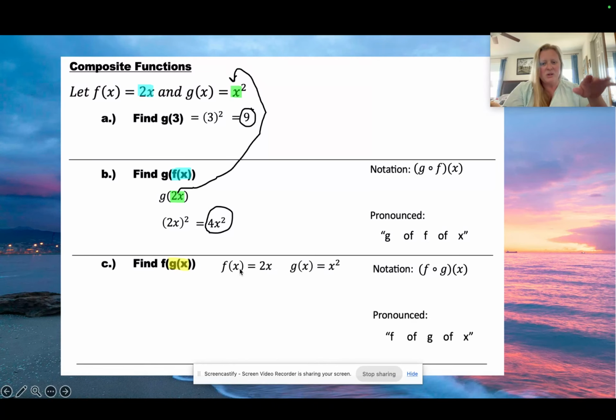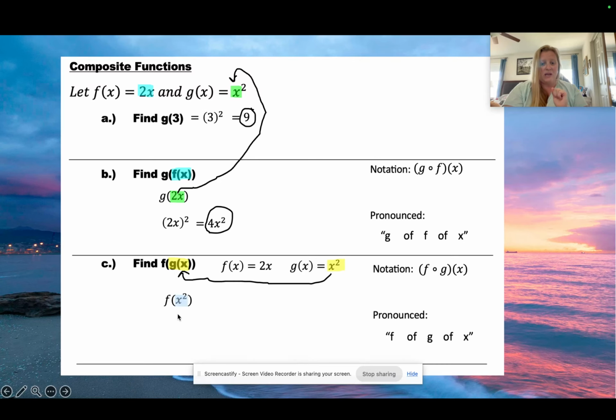And it's going to be the same kind of thing. So I'm just going to rewrite my formulas here because there's a lot of ink up here and that can get confusing. So I look at the innermost, the G of X part, which is where my eyes would go to. And I look at my G of X formula. And I'm just going to replace them with each other. So when I rewrite the problem, I'm going to replace G of X with X squared. So I'm taking this part out and putting this part in.